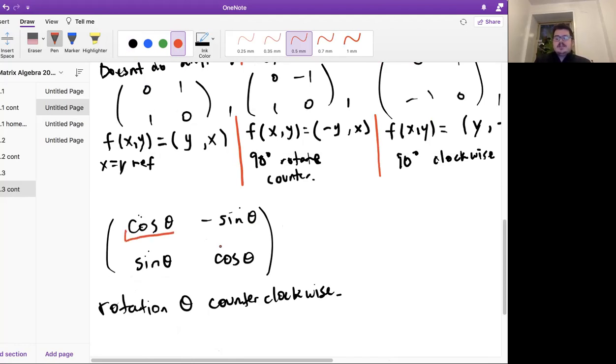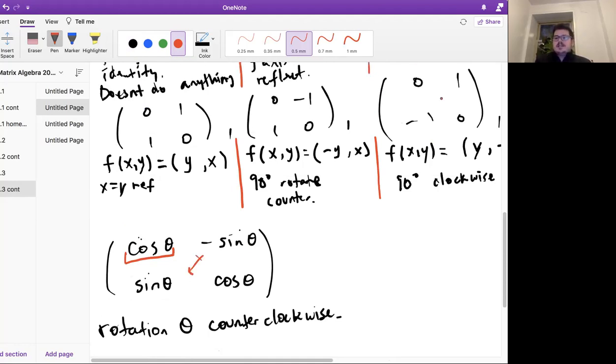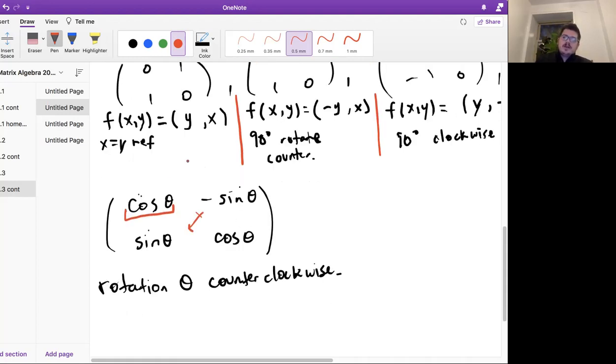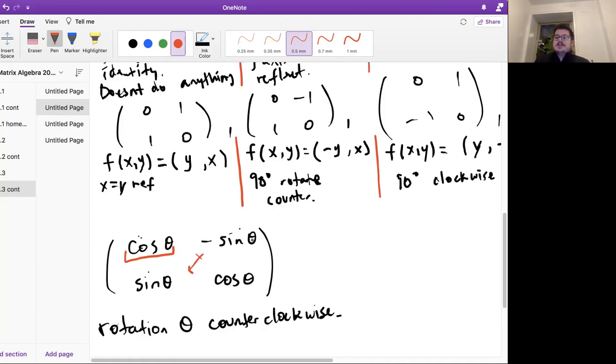Remember, cosine is even, so the negative of that would just be itself, but these signs flip. That's why in the 90 degrees clockwise, the signs are different on the off diagonal. We might talk about this matrix a bit later, but if you're curious about how to rotate any degrees, it's this formula here. And notice if you plug in pi over 2, you get 0, negative 1, 1, 0.